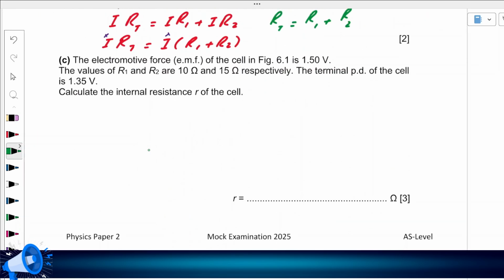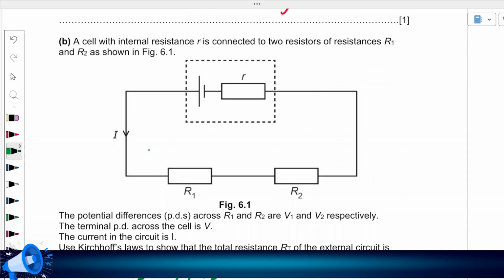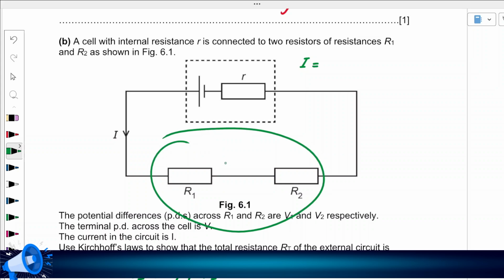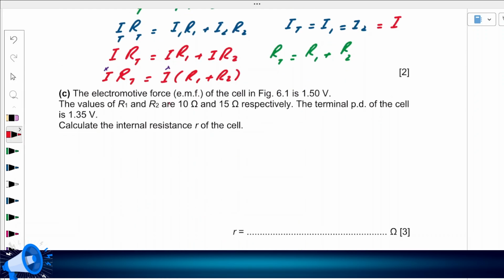Calculate the internal resistance r of the cell. Just in case, can I find the current in the circuit? The current in the circuit would be the voltage across these two divided by the resistance of these two. What is the voltage across these two? The voltage across these two resistors is equal to the terminal voltage, which is 1.35.